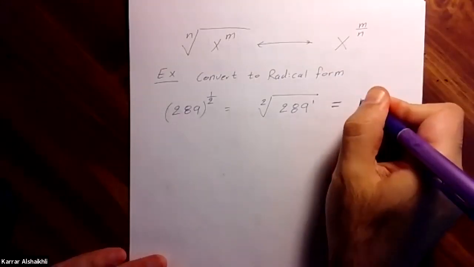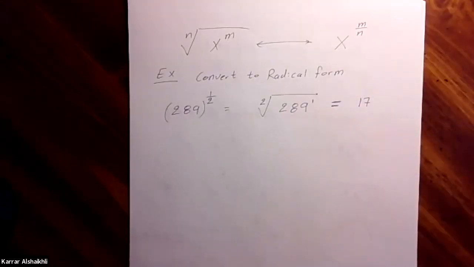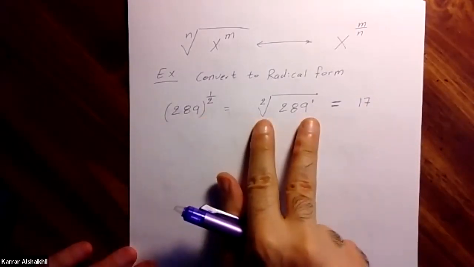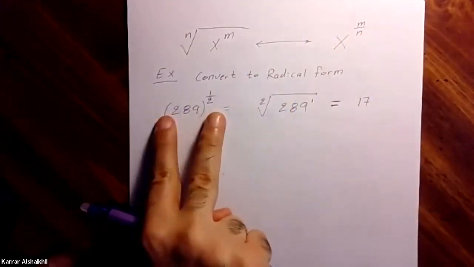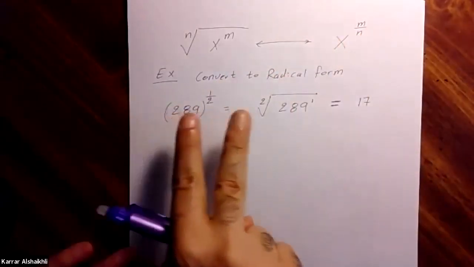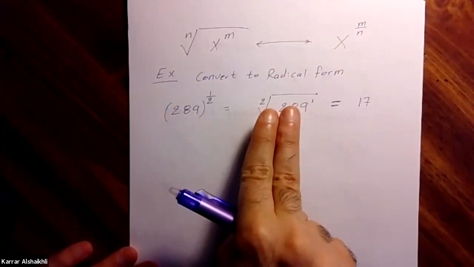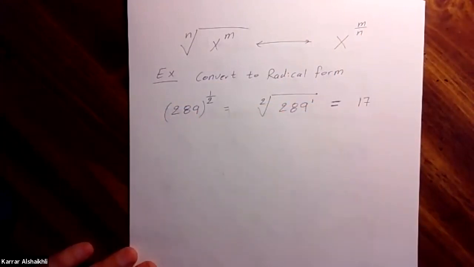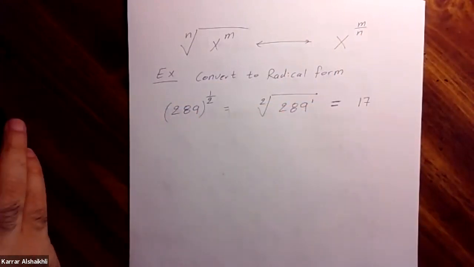Perfect. Sir, this is rational to radical? This is rational to radical. That means I have this form, and I have to convert to the radical. And simplified it is going to be 17. Okay? Let's do another example.